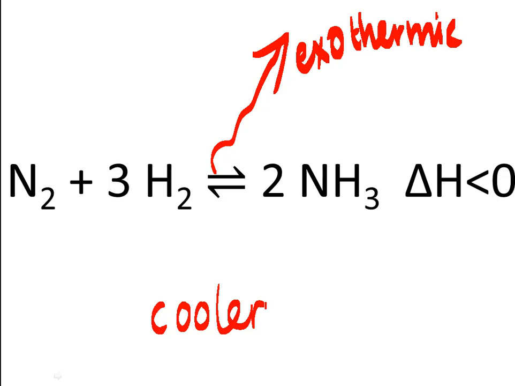It will try to warm the system up. Which reaction, forward or reverse, warms the system up? Well, we've just said that the forward reaction is exothermic. So it is going to be favored during this disturbed period. And in so doing, the system is going to be warmed up, undoing the cooling effect that we caused.